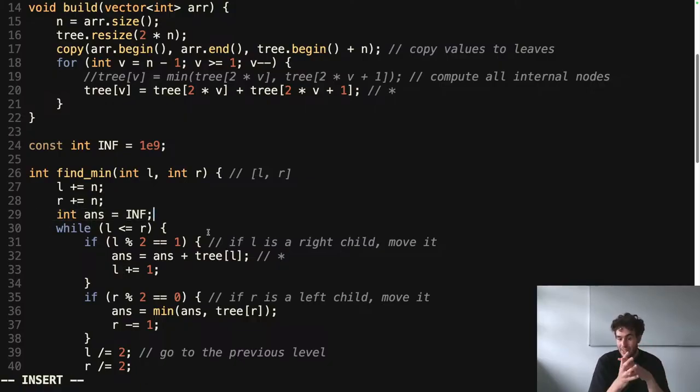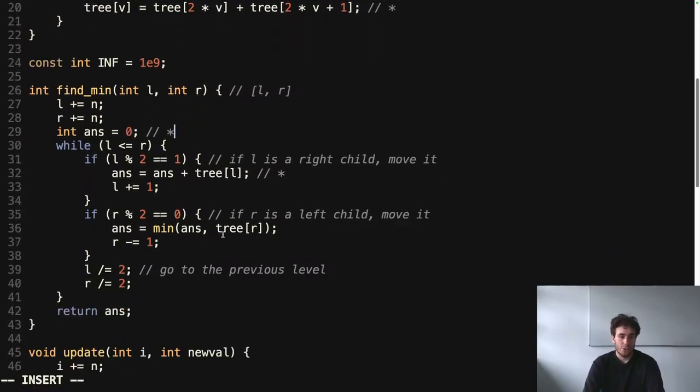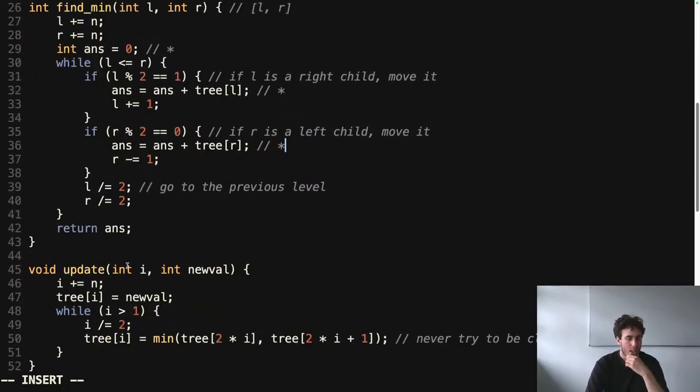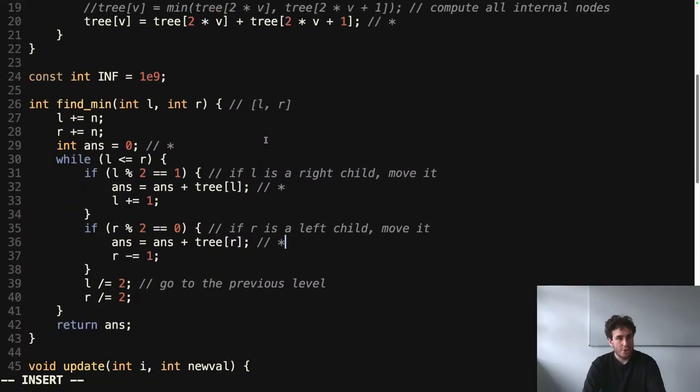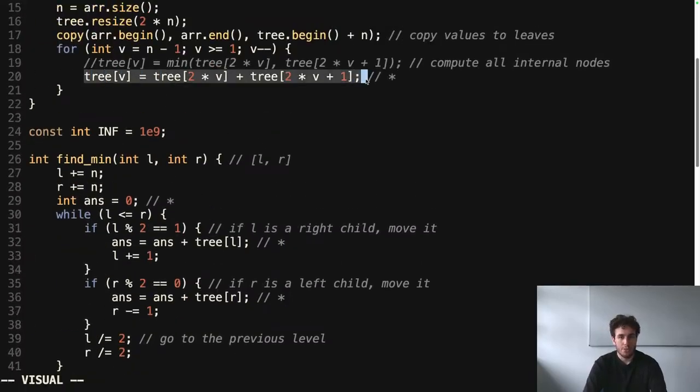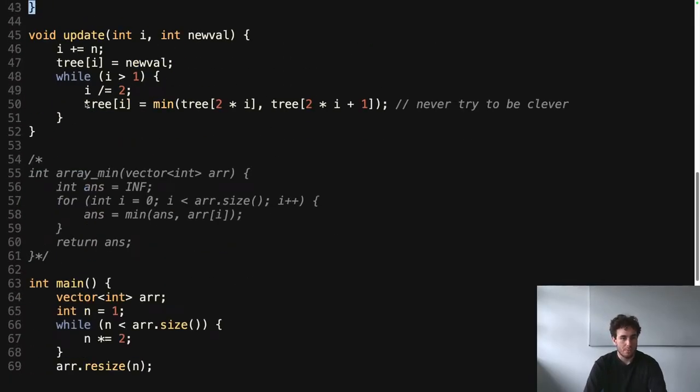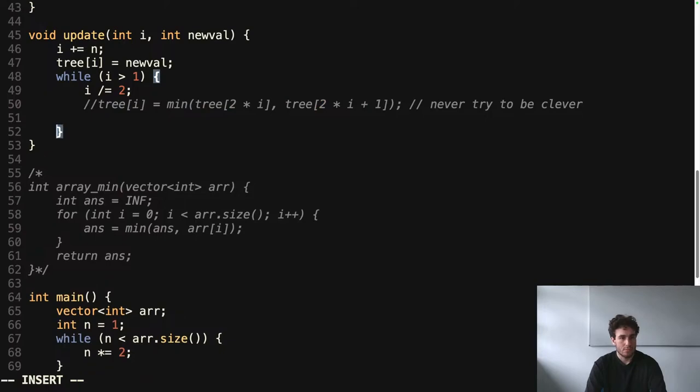Because if I calculate sum of elements, I need to start with 0, not with infinity. And this should be also changed, right? Instead of taking minimum of answer in tree R, I should take sum. Here I also need to change the same thing as here. I should compute sum instead of minimum, but for i instead of v.